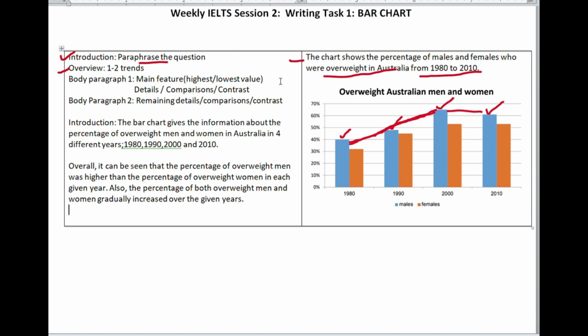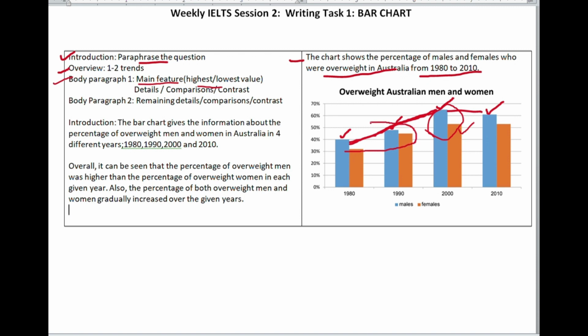Next we'll come to body paragraph 1. In body paragraph 1, we start with the main feature, the highlighted feature. It can be the highest value or the lowest value. So if we see this chart, the highest value is this one, year 2000, because in this year the percentage of overweight men as well as the percentage of overweight women is highest.